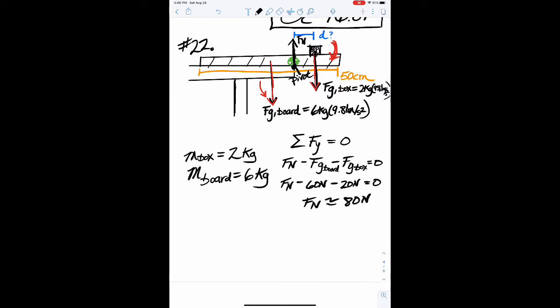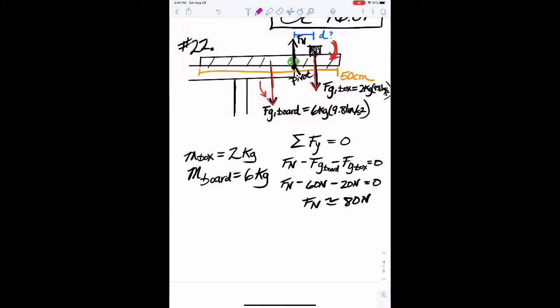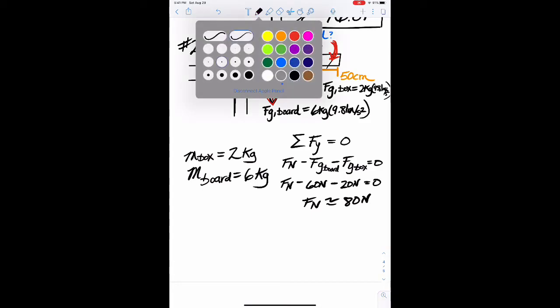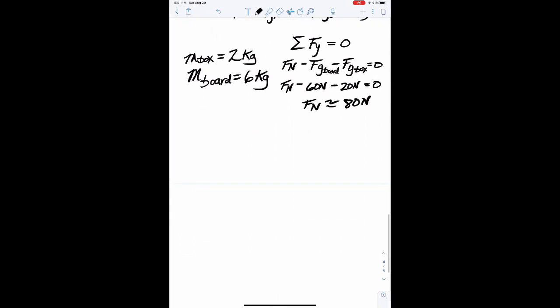The reason for that not mattering is FN is not going to torque the board, because it's going through the pivot. If you look up here, the pivot is, let me find a good color, I'll go pink. This is the pivot right here. FN is right through the pivot, and it's not going to cause any torque. So we can go ahead and do the torque balance to solve this problem.